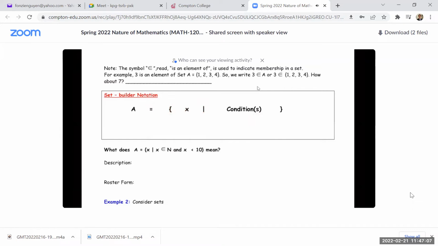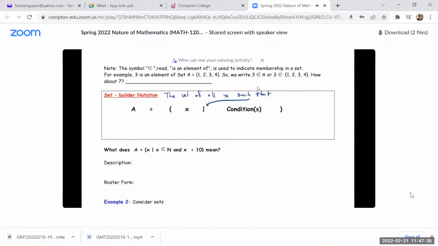The bar means such that, and then here you would write the condition, such as the numbers are between 4 and 9, or all the numbers that are less than 5, or whatever the case is.